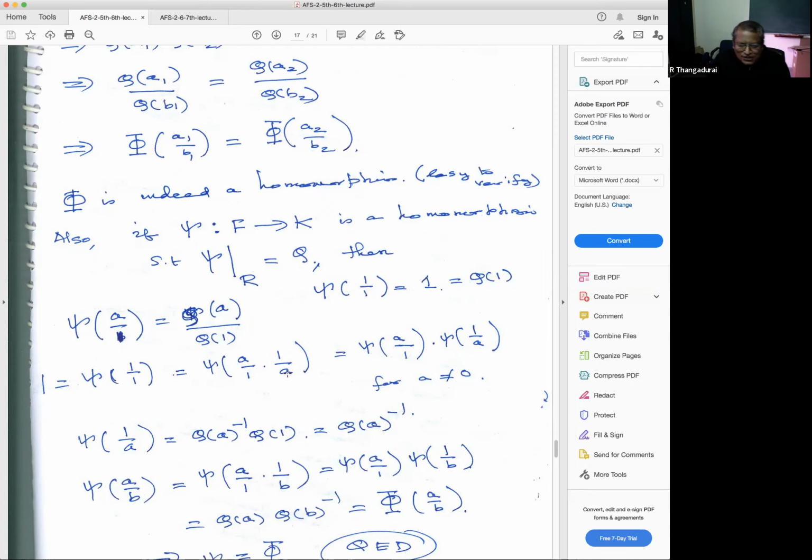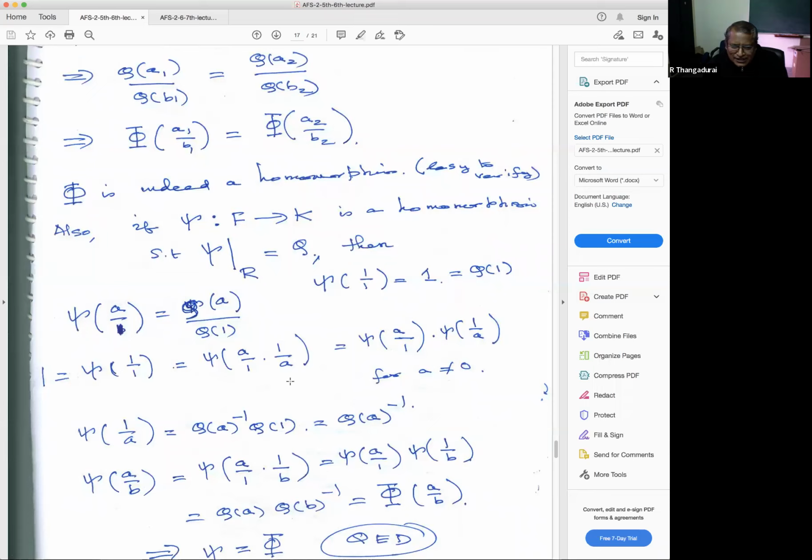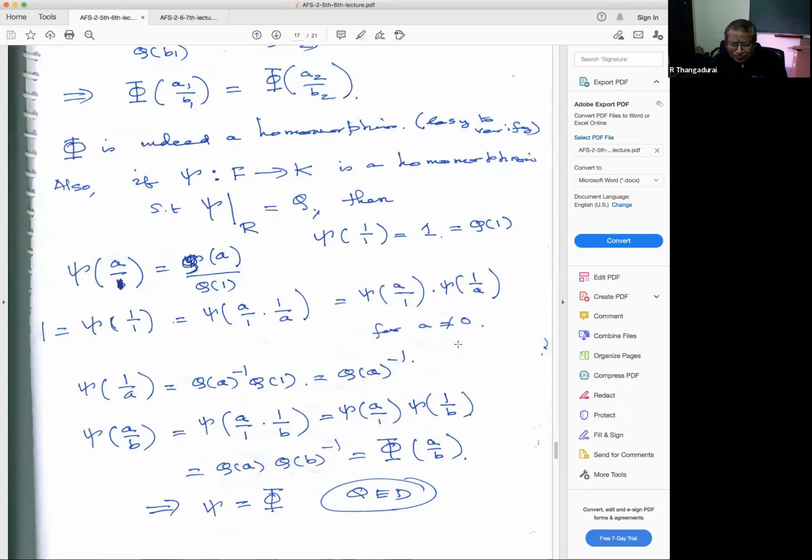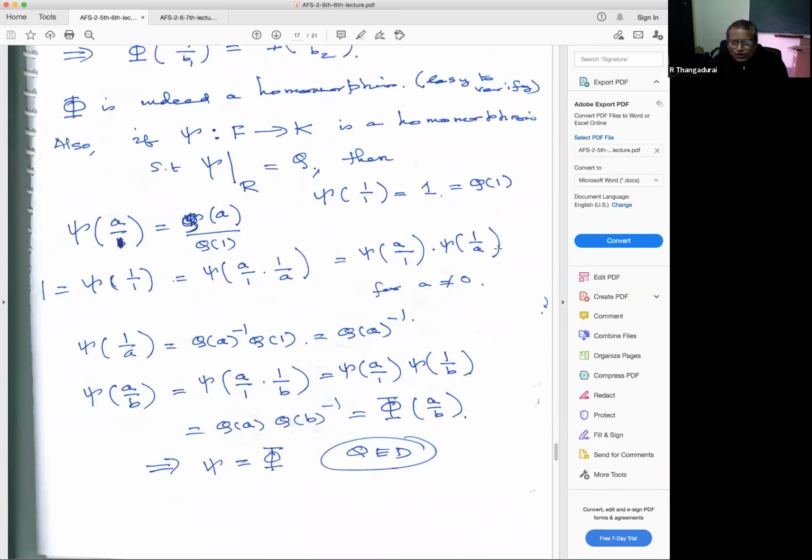Since psi is a homomorphism, we separate it, and here a is non-zero. So from this equation, 1 equals psi of a/1 times psi of 1/a, we get that psi of 1/a is the same as phi of a inverse times phi of 1, that is, phi of a inverse only.